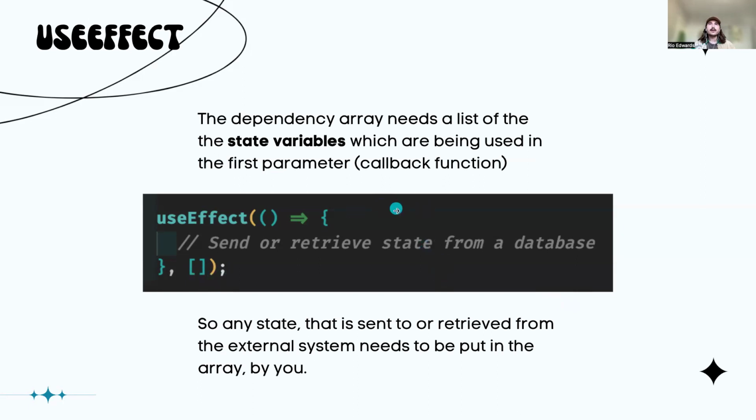So the dependency array, it's called a dependency array because it's dependent on some state. It needs a list of the state variables which are being used in the callback function, the first parameter.